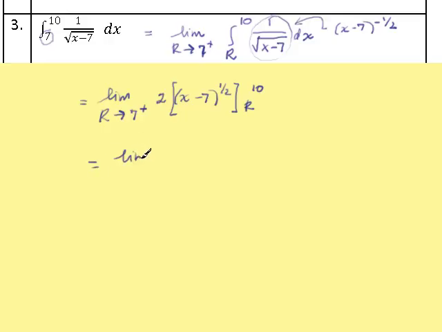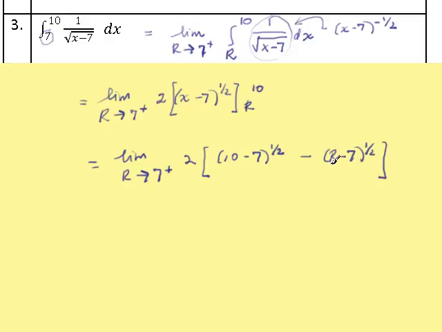All right, we're ready to substitute in the limits. And first we'll put 10 in: 10 minus 7 to the 1/2. And subtract r minus 7 to the 1/2.